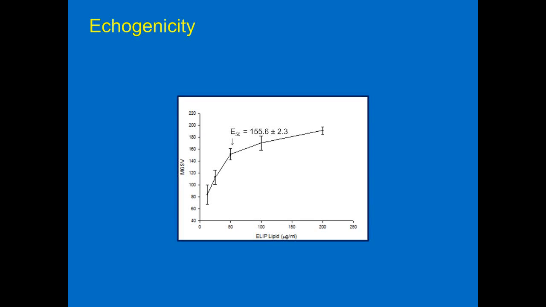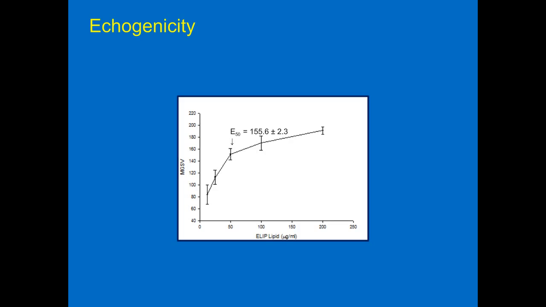Okay, so here's some examples of our results. Echogenicity, we're using mean grayscale value here, and the untargeted ELIP will top out at about 200 out of a maximum of 255.